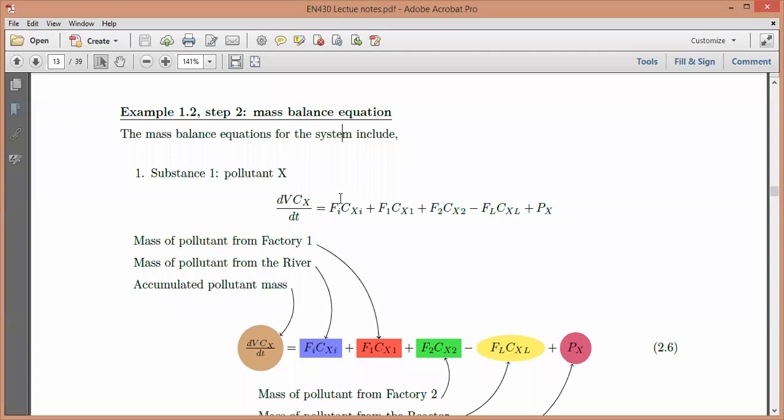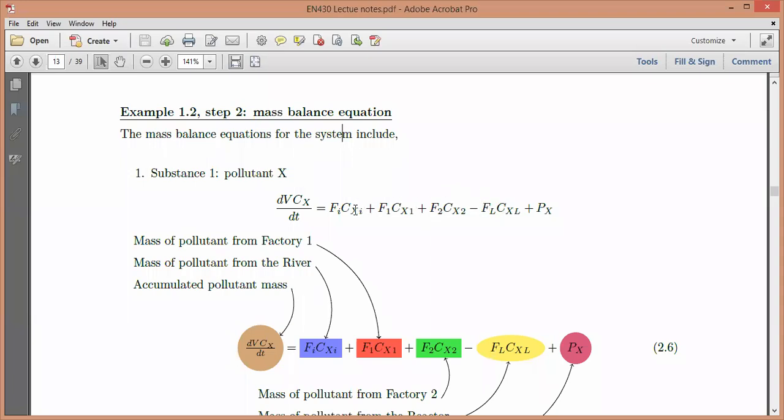Flow rate for the river multiplied by the concentration of pollutant X in the river plus a product of volumetric flow rates for factory 1 and pollutant X concentration in factory 1 effluents plus volumetric flow rate for factory 2 multiplied by concentration of pollutant X from factory 2 minus what's leaving.